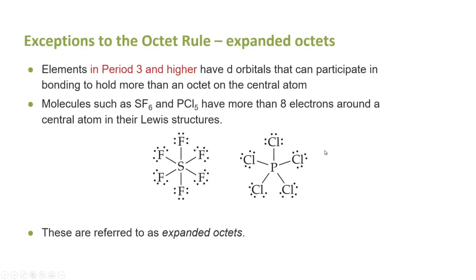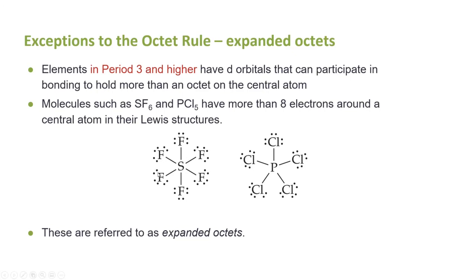The one that we will see an awful lot of is elements in period 3 and higher having more than 8. Again, it has to be in period 3 or higher, because basically what's happening is these extra bonds, the ones beyond the 4, are using d orbitals to do this. So it has to be at least in period 3 to have those accessible.